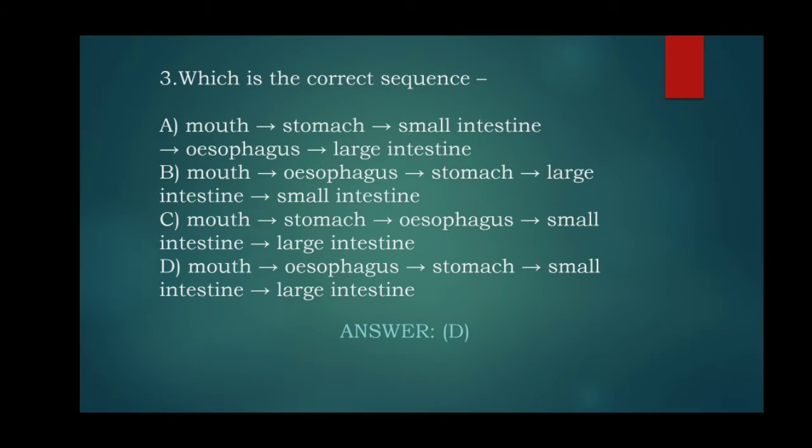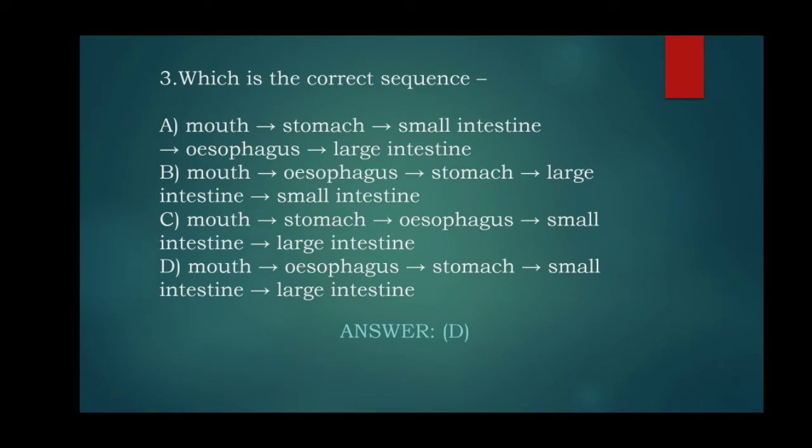Next question, which is the correct sequence? Options: A. Mouth, stomach, small intestine, esophagus, large intestine. B. Mouth, esophagus, stomach, large intestine, small intestine. C. Mouth, stomach, esophagus, small intestine, large intestine. D. Mouth, esophagus, stomach, small intestine, large intestine.